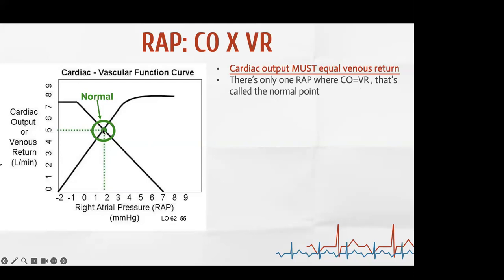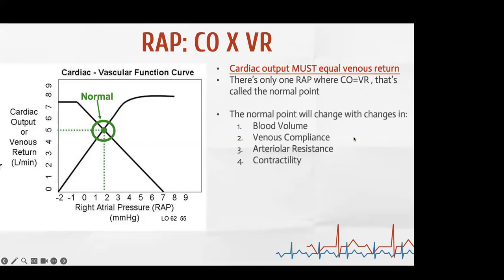This normal point will change with changes in the four things we mentioned: blood volume, venous compliance, and arteriolar resistance, which are for the vascular function curve, and contractility, which is for the cardiac function curve.